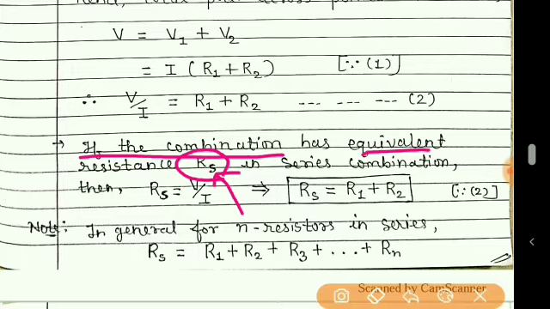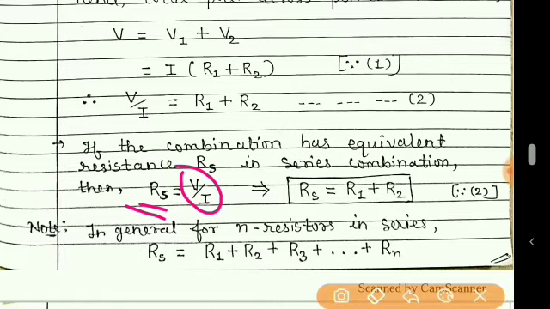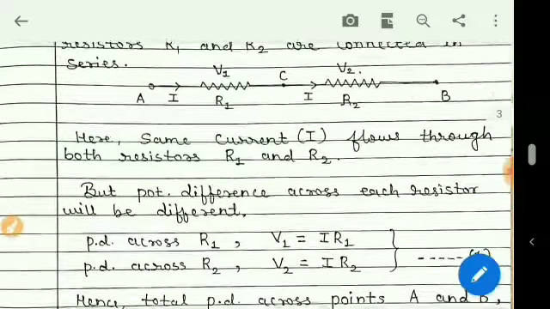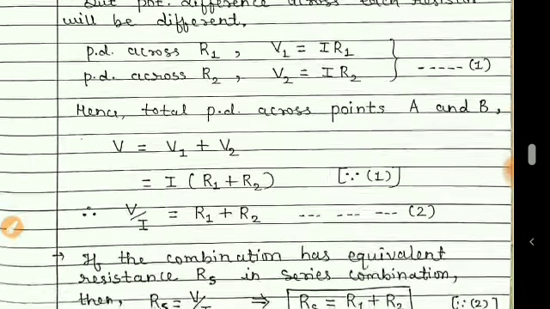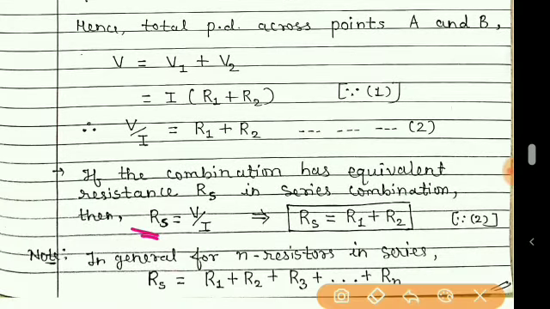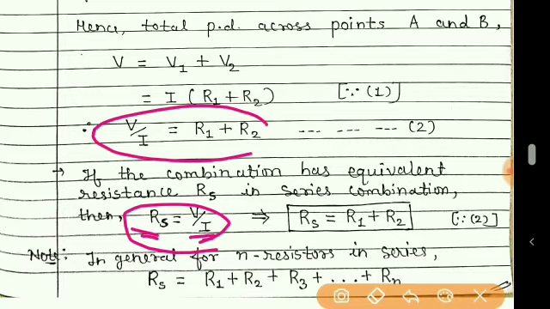So in that case, we can write that the equivalent resistance Rs = V by I. If we consider these two resistors as one only, and the total resistance is Rs, then we can write Rs = V by I. Now comparing this with this equation, you can simply see that here also it is V by I, here also it is V by I. So Rs = R1 + R2.